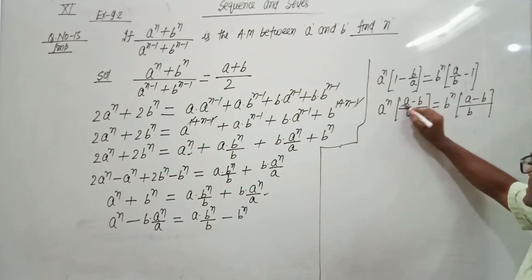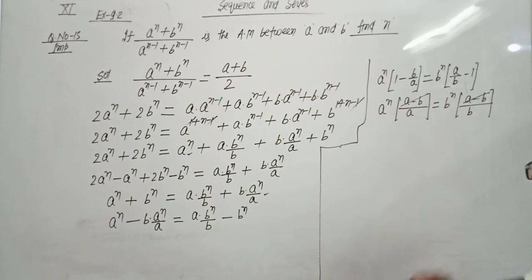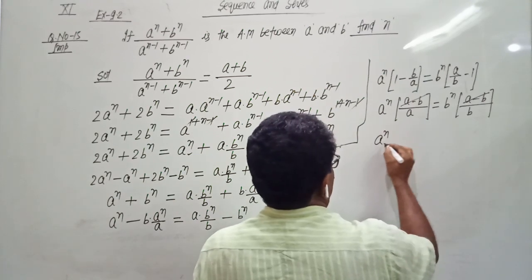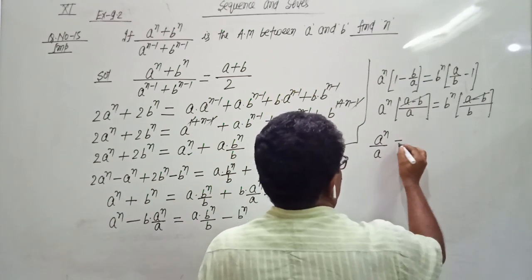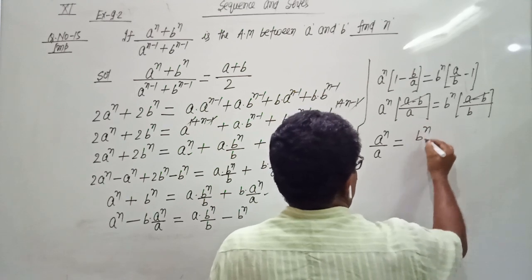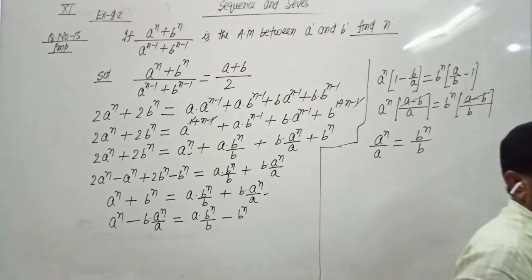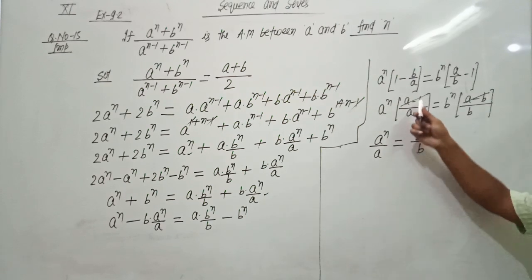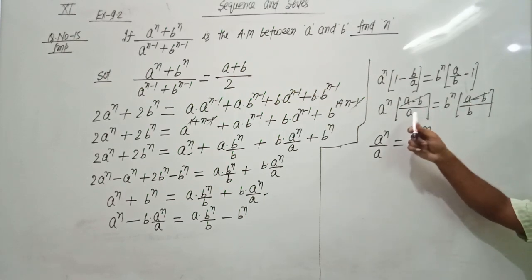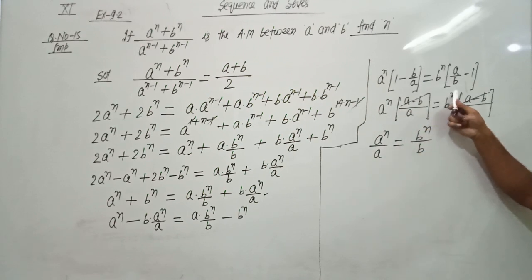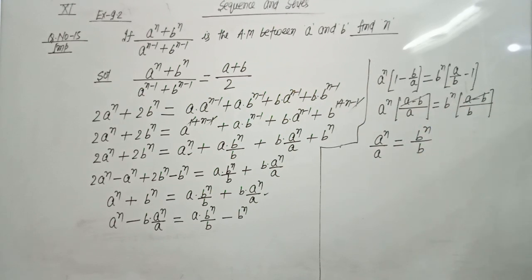Now a minus b from both sides cancels, and it comes a^n upon a equals b^n upon b.